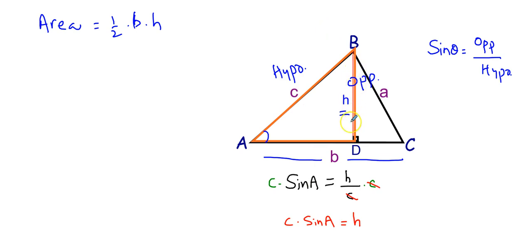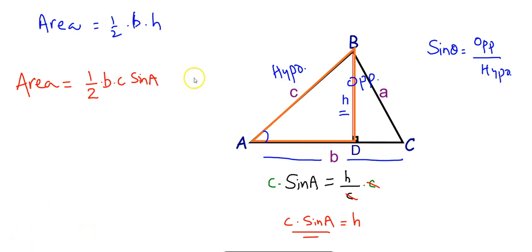So the measure of this height h is nothing but c times sine of angle A. Alright, let me go back and substitute here. Now I have area equal to half times that b times, what is h? h equals c times sine A, c times sine A.